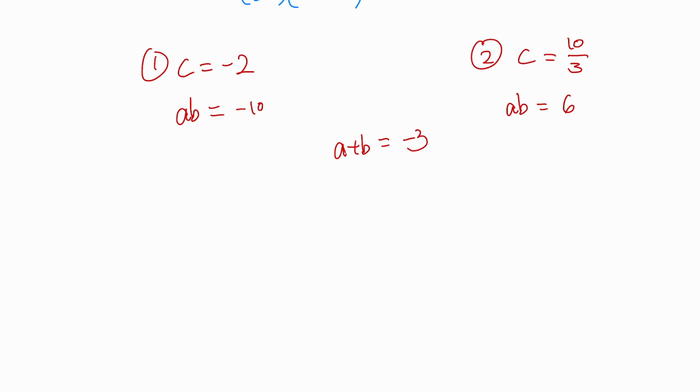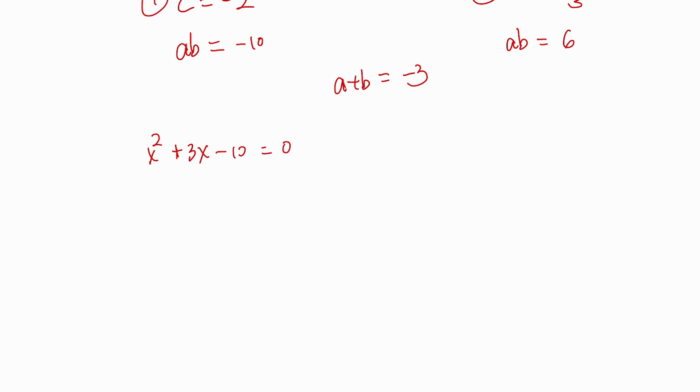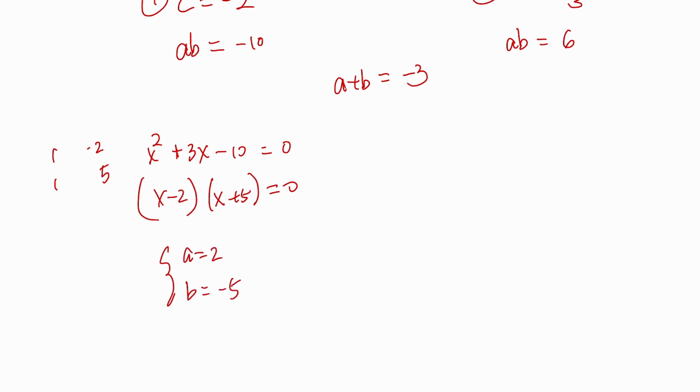We get that it is a root of x squared plus 3x minus 10 is equal to 0. And here we could do 2 and 5. So it's (x minus 2)(x plus 5) is equal to 0. So A and B are 2 and negative 5, respectively.